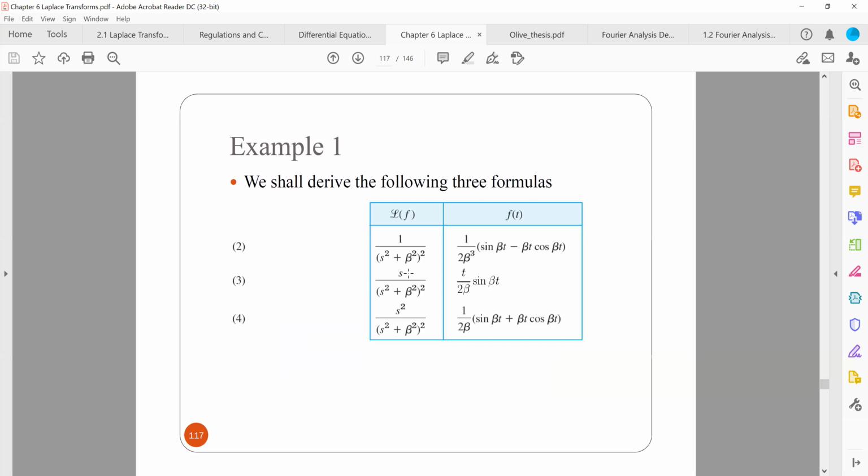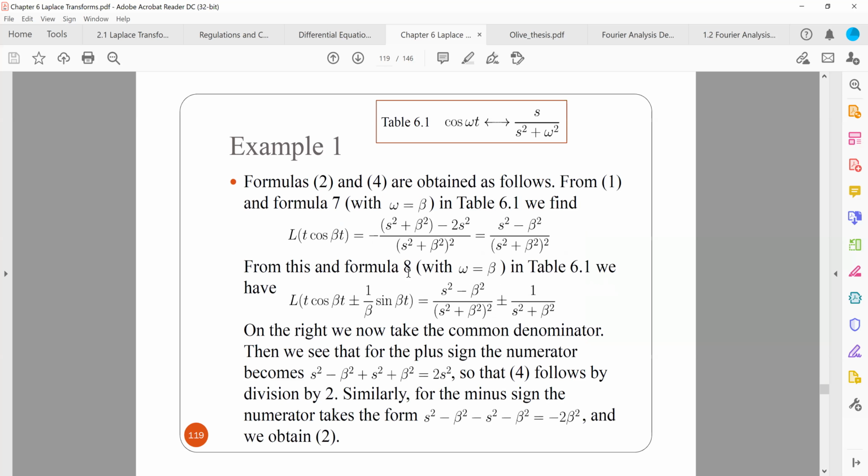Now for these others, let us start with 4, although we can put them in one step. Equation 4 is 1 over 2 beta times sine beta t plus beta t cos beta t. So we'll first work out what t cos beta t is.